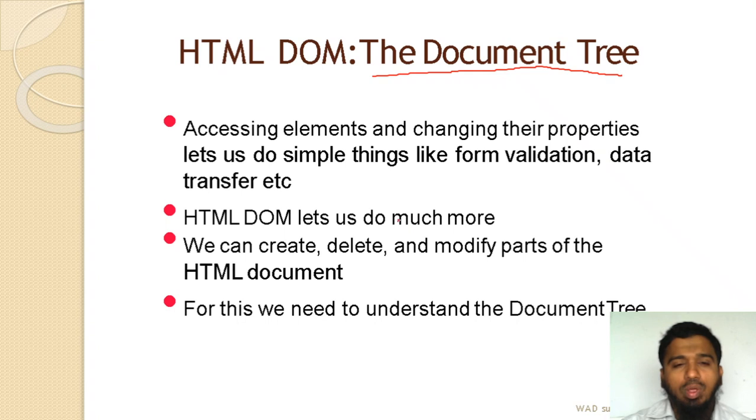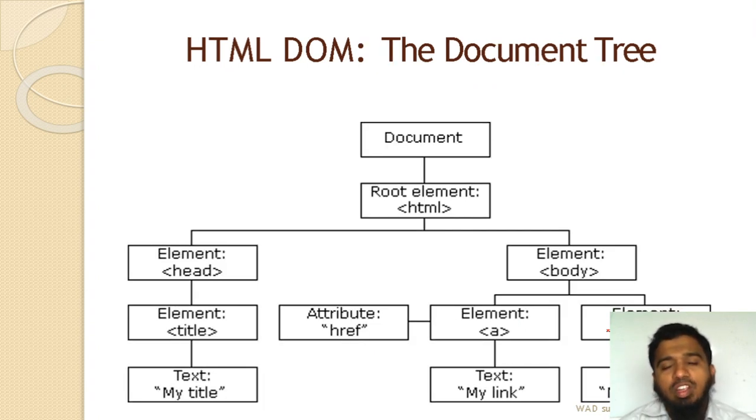With the help of this, you can do much more things. We can create, delete and modify parts of the HTML document. For this, we need to understand the document tree. So we need to see the document tree. When you see the document tree, you will see, oh, this is a document.